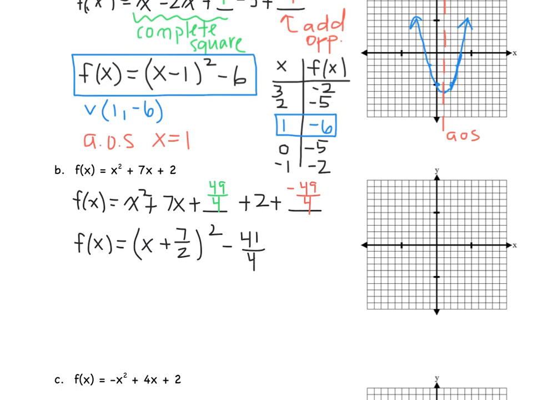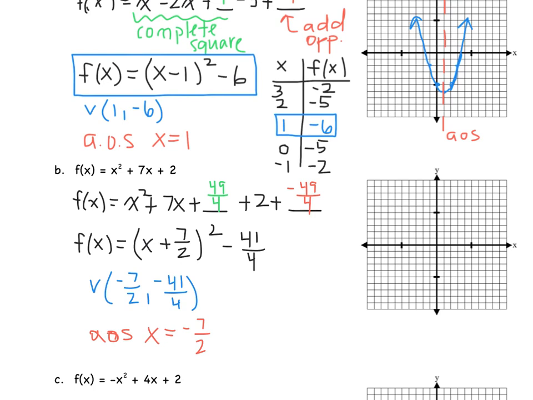So the vertex isn't all that great, but it's doable. We can at least identify everything. Okay, so our vertex is the point now (negative 7/2, negative 41/4). Okay, our axis of symmetry is that vertical line, x equals negative 7/2.